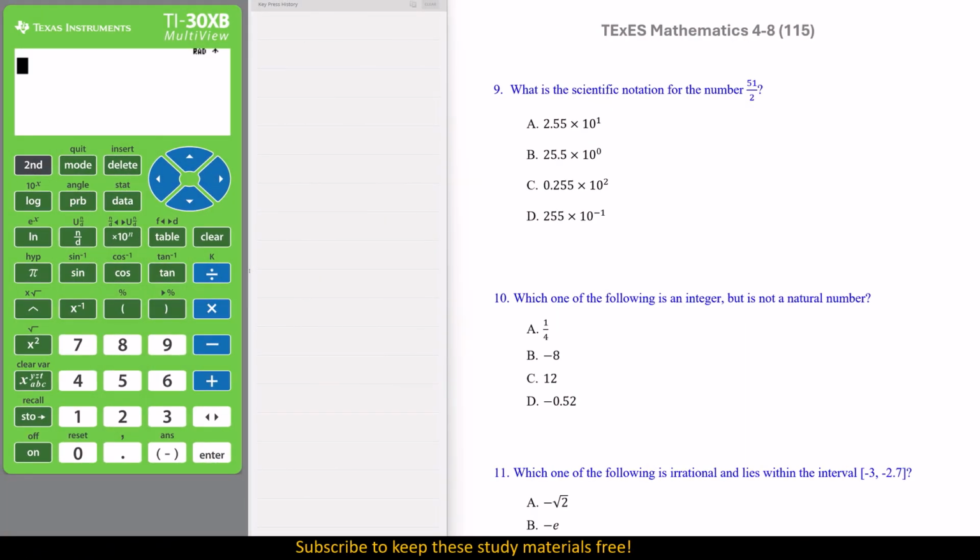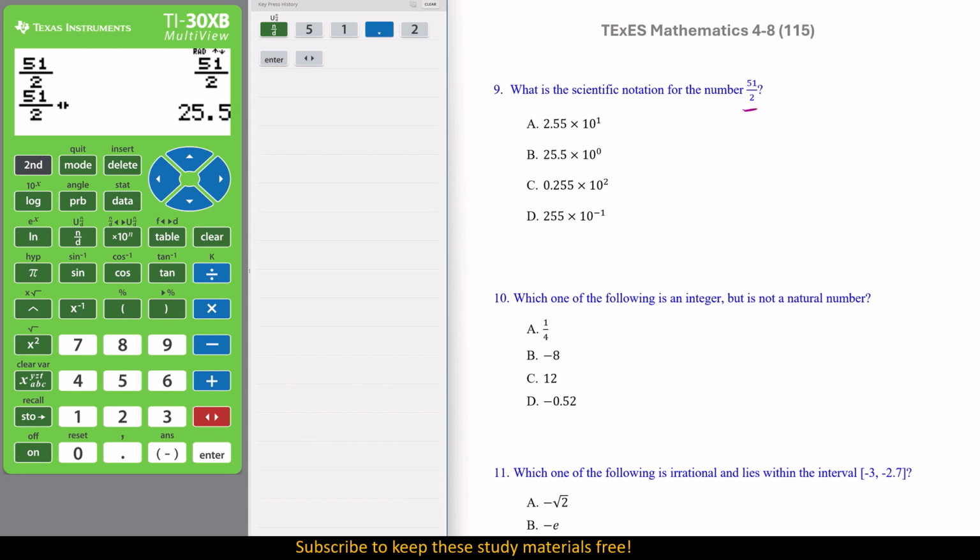Number 9. What is the scientific notation for the number 51/2? Well, let's pop that fraction into the calculator and see what the decimal actually is. Set your fraction up with 51, arrow down, we have 2. Enter. Remember, push the toggle button.